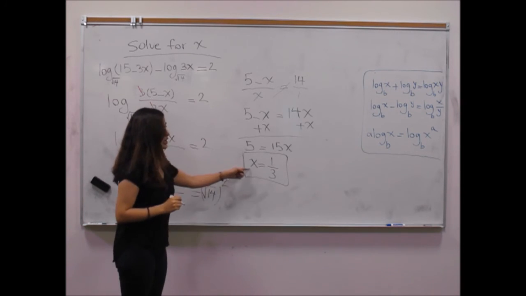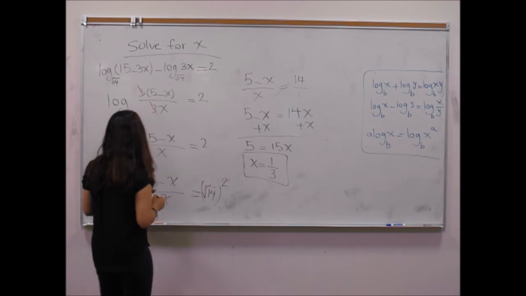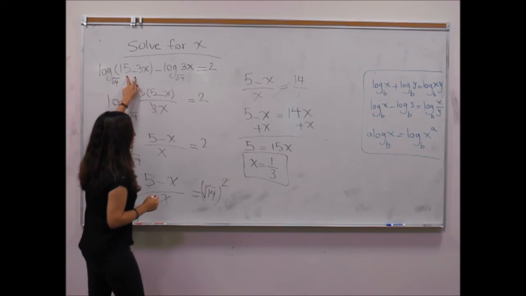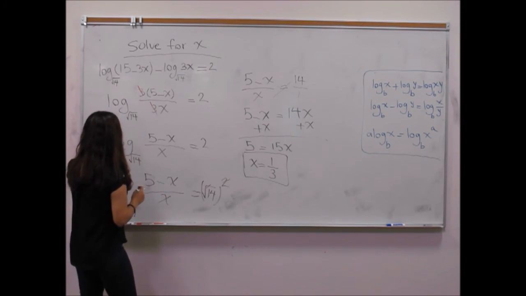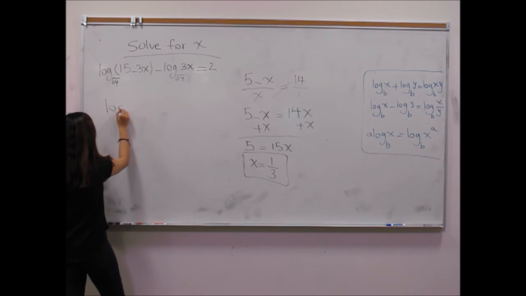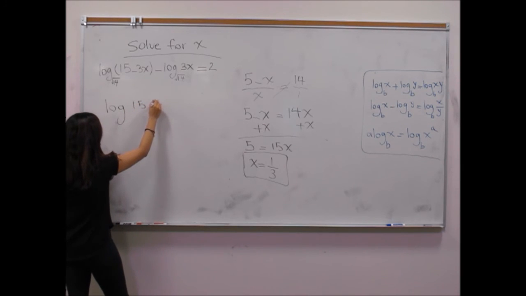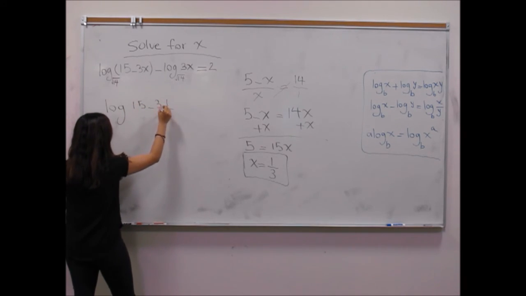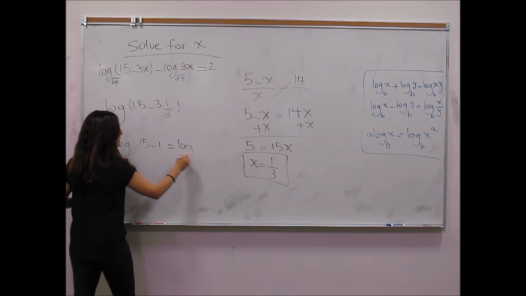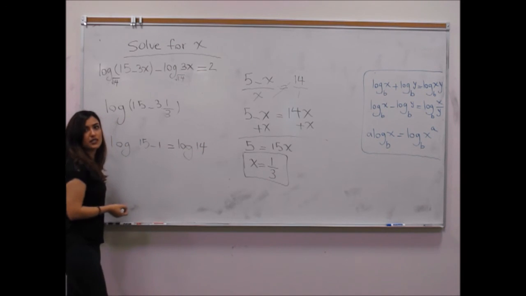So we're going to have to check our answer to make sure we get positive numbers. In the first one, if I plug in that number, I would get log of 15 minus 3 times 1/3. 3 times 1/3 is just 1, so 15 minus 1 is log of 14, which is a positive number.